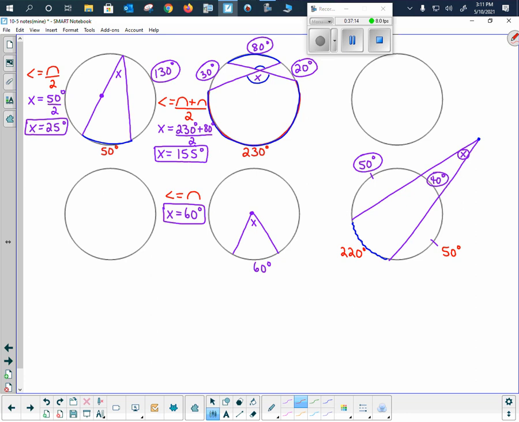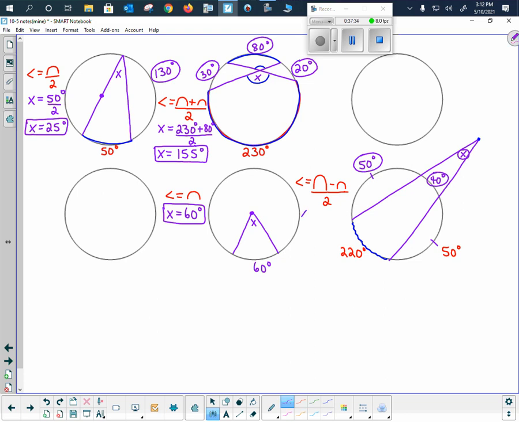Okay, so again, I'm going to have memorized that when the angle has a vertex outside the circle, it's going to be angle equals the big arc minus the small arc, because of course you want it to be a positive number, all over 2. Notice there's the over 2 again. I'm ready to fill in the numbers underneath and solve.